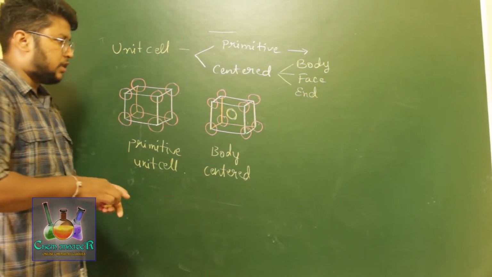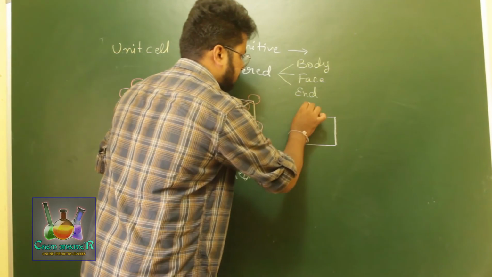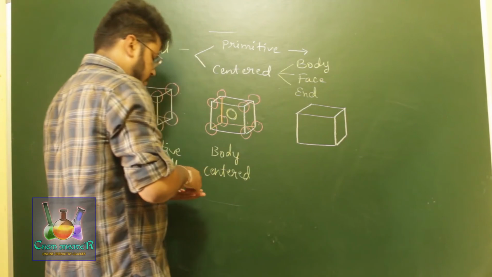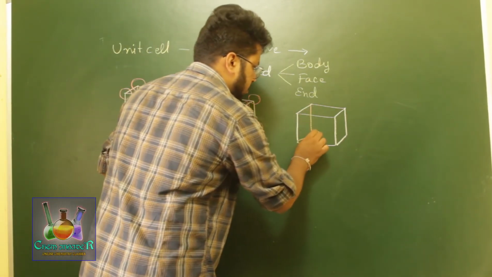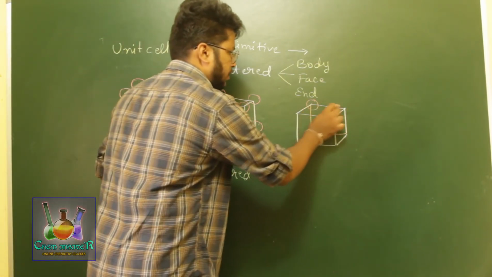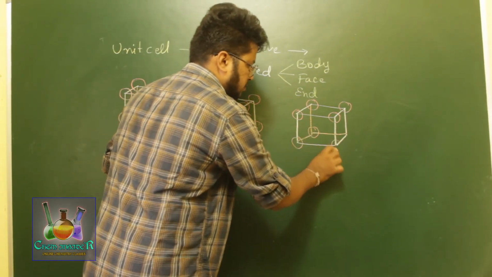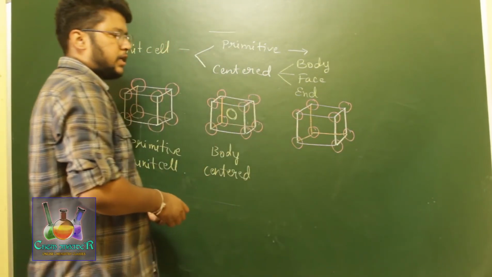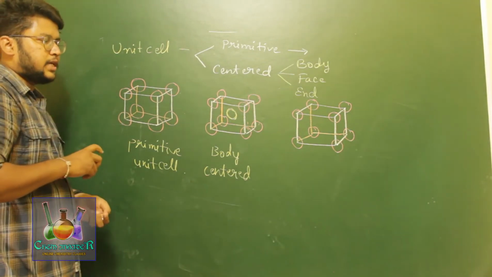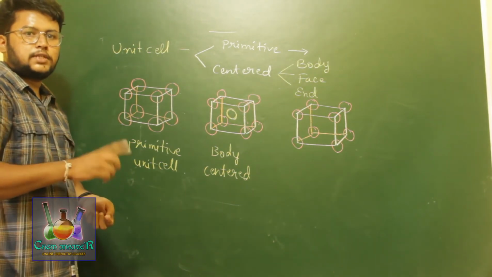Next, the face centered unit cell has 8 atoms at the 8 corners, and along with those 8 atoms it has 6 additional atoms. First we write down the 8 atoms at the corners. Additionally, the face centered unit cell has 6 atoms present at the center of each of the 6 faces.